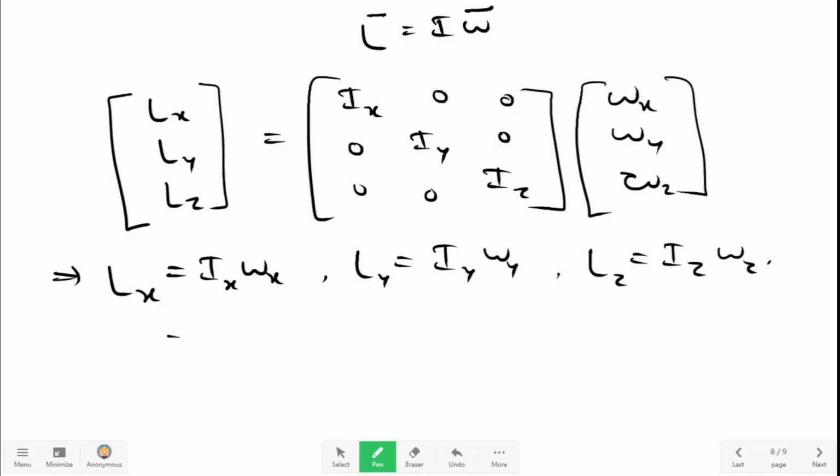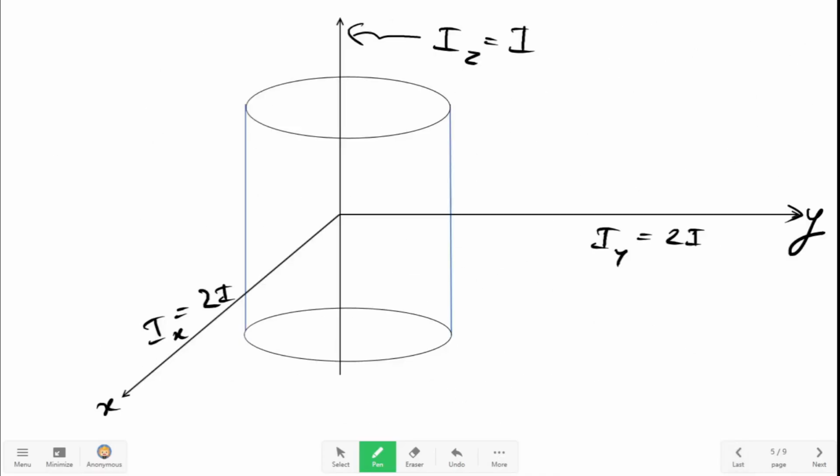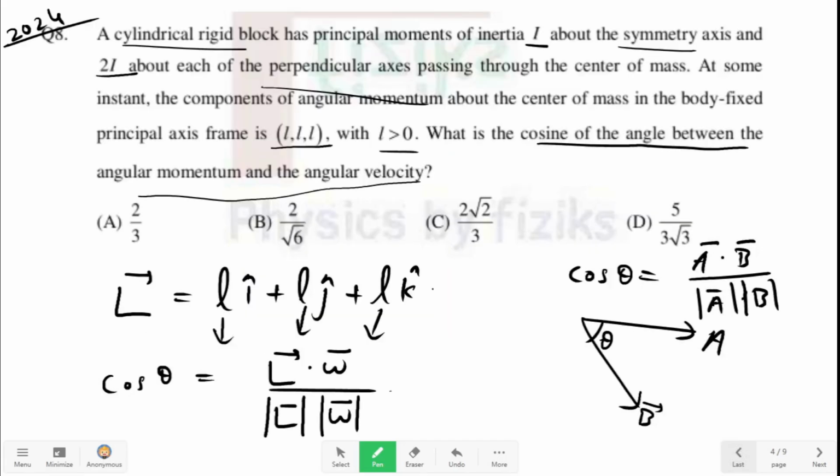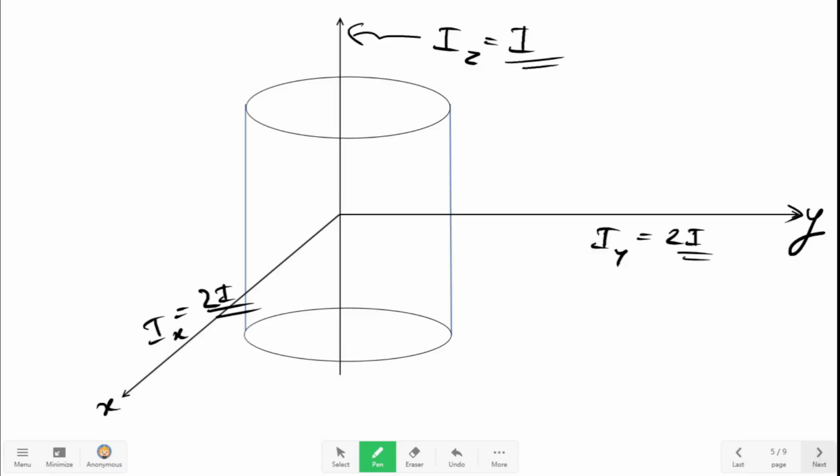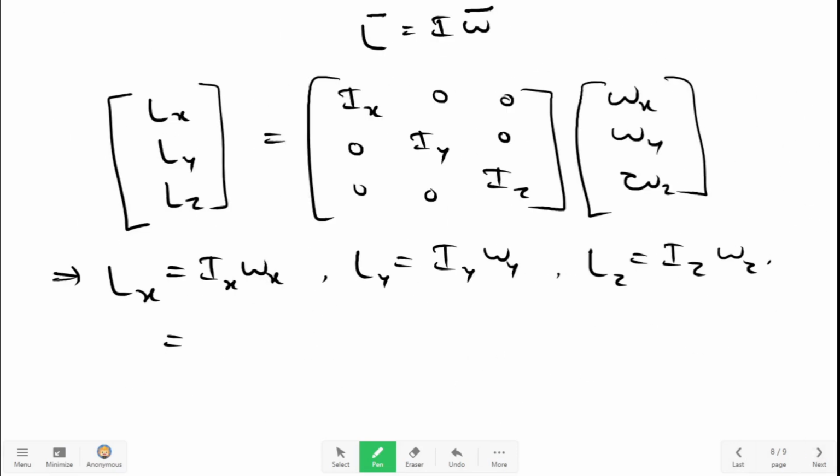Now Ix is equal to 2I, Iy is equal to 2I, and Iz is I. And the value of Lx is L, Ly is also L, and Lz is also L. Therefore if we put these things, we will get omega x is equal to Lx divided by Ix, which is L divided by 2I.